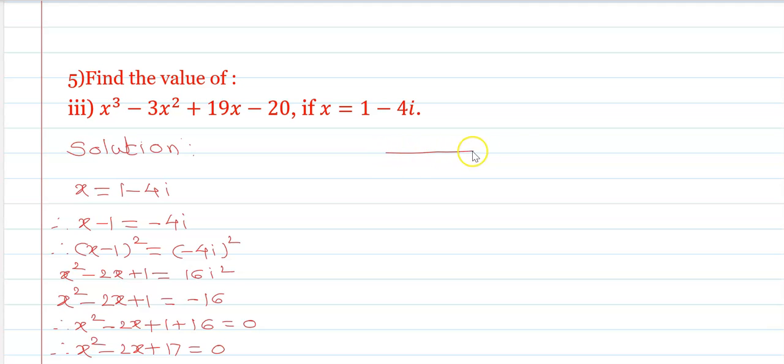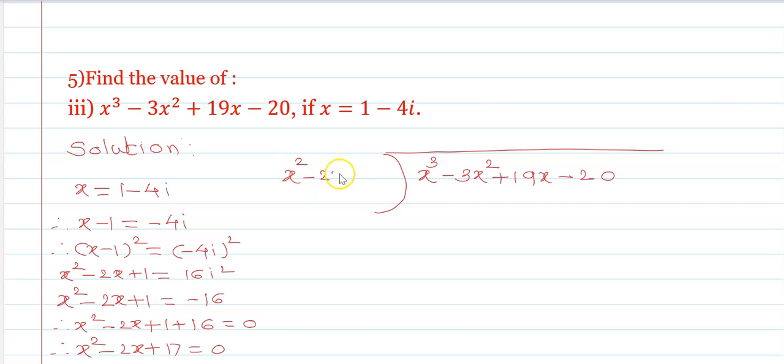And here is a division. x cube minus 3x square plus 19x minus 20. This polynomial is divided by x square minus 2x plus 17.